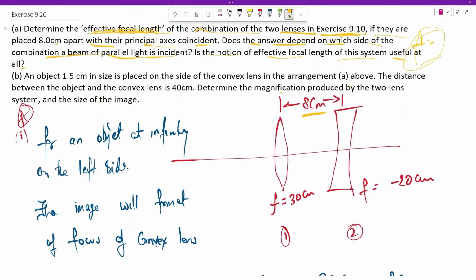We also need to answer whether the effective focal length depends on which side of the lens the light is coming from, or which side of the lens the object is placed.